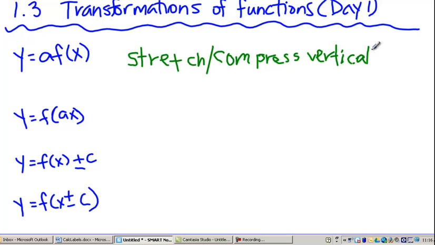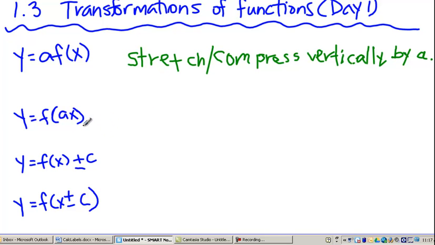Vertically by A. Which means when you get a problem, you would take your parent function, which hopefully you'll start having memorized, and you would multiply your y values of your parent function by A.